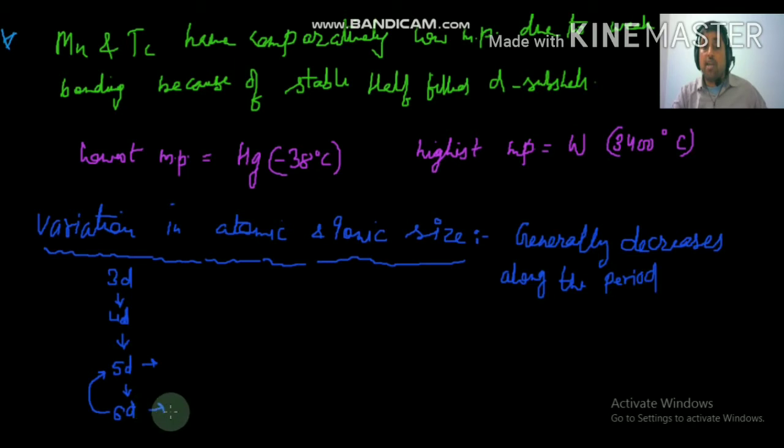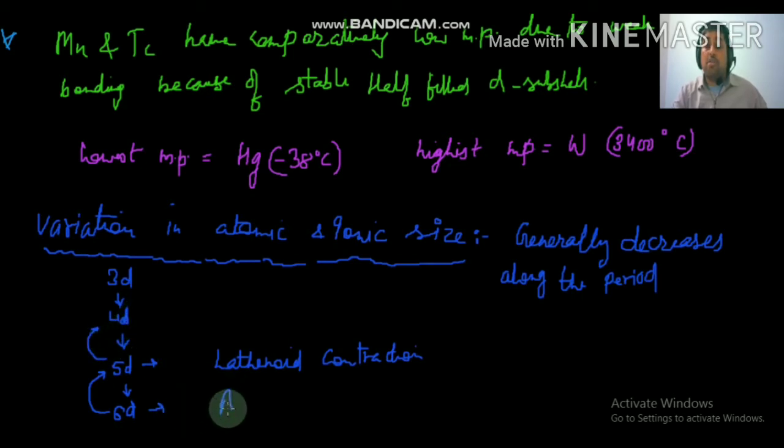Now why does this happen? For that there are two terms we will discuss. One is lanthanide contraction, due to which the size of the 5d series is almost, not exactly but almost, similar to the 4d series.